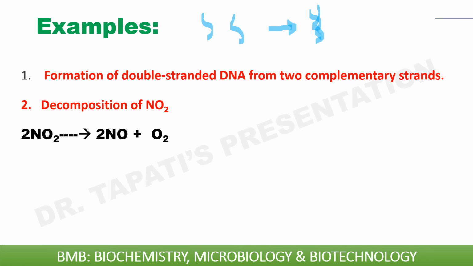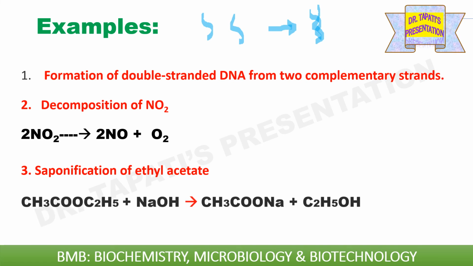In that case, 2 molecules of NO2 are converted to 2NO plus O2. Order of the reaction is 2. Third example is saponification of ethyl acetate. In that case, ethyl acetate plus NaOH are converted to sodium acetate plus ethanol. Rate of the reaction is dependent on both the ethyl acetate concentration and NaOH concentration. So, order of the reaction is 2.